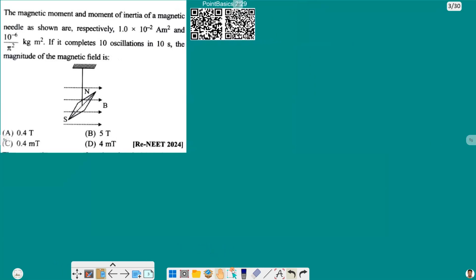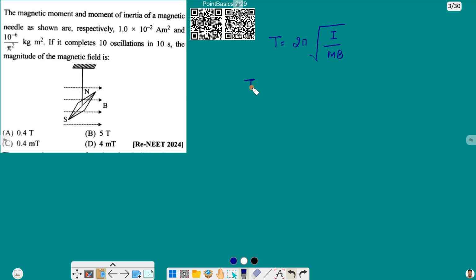Here we can use the relation for the time period of an oscillating magnetic dipole in a magnetic field. It is given by time period is 2 pi under root I divided by MB.